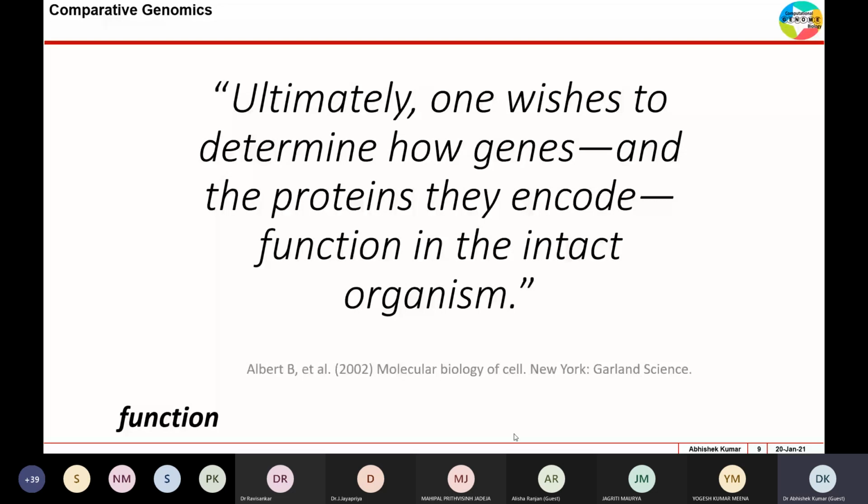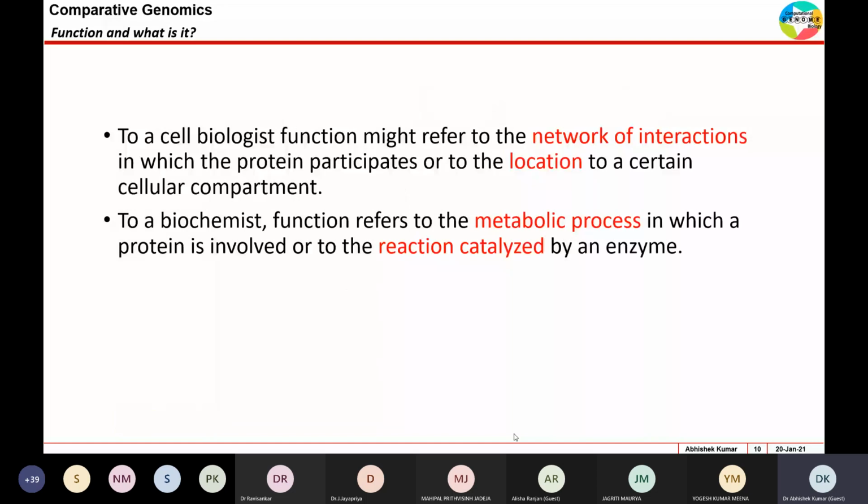And function can be defined in different ways. Function can be defined as a network to the cellular biologist, and how the network is working. It could be a metabolic process, like how the Krebs cycle is working, after one reaction, what reaction is happening. And in the cellular compartment, people are looking into, okay, this protein I have, it is expressing, so where is it going?